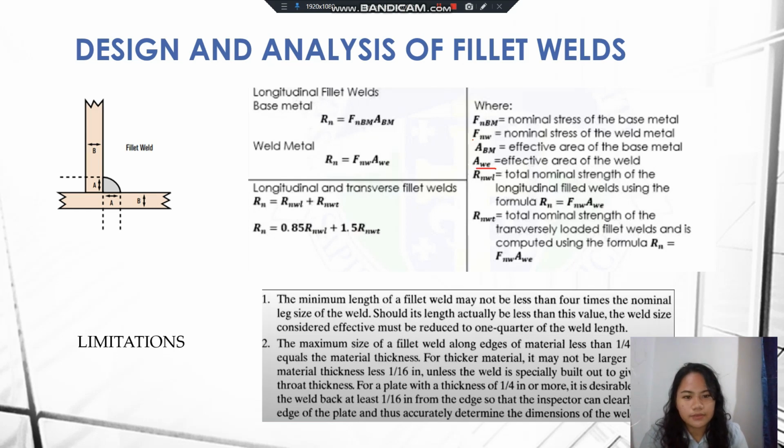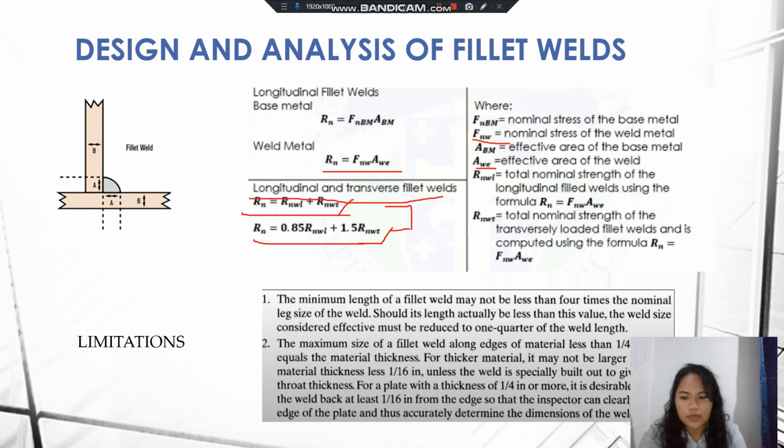So for the longitudinal and transverse fillet weld naman, it's either ito or ito, i-add mo lang or gagamitan mo ng or magpa-factor ka. And syempre, ang kukunin mo lang dyan sa dalawa is yung greater value.